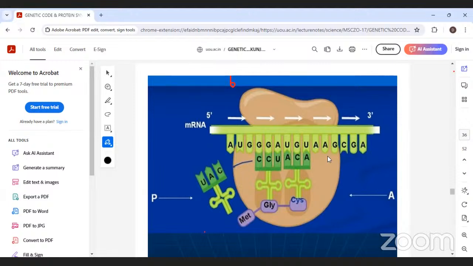Okay, when the ribosome has moved far enough, another ribosome can attach. Did you understand this point? When the ribosome has moved far enough, another ribosome can attach itself to the starting end of the same mRNA and so on. These ribosomes will make identical copies of the same protein since they are reading the same genetic message.